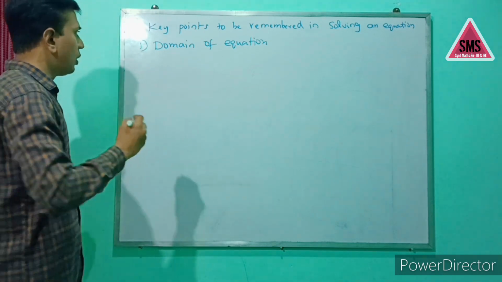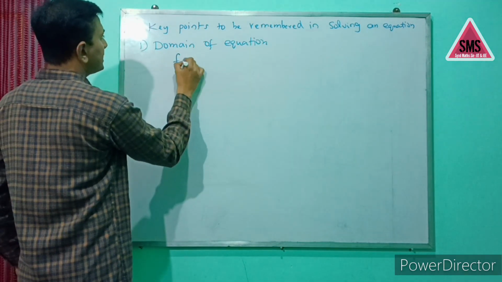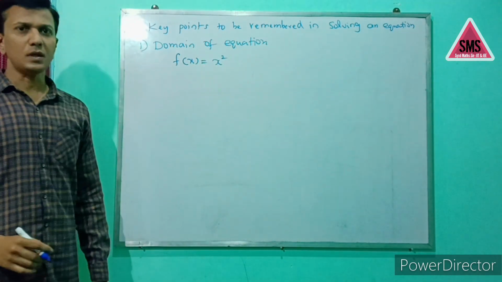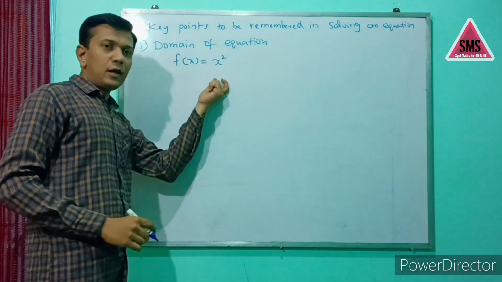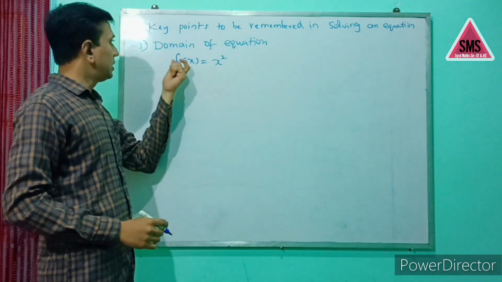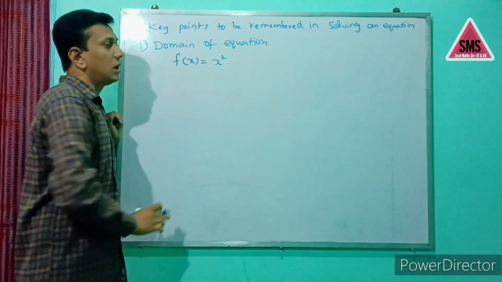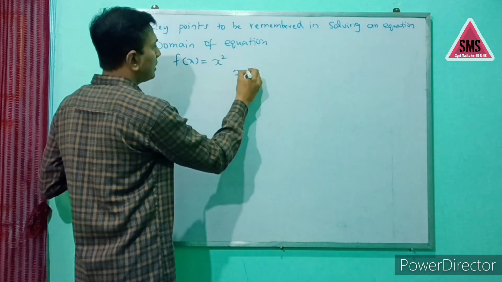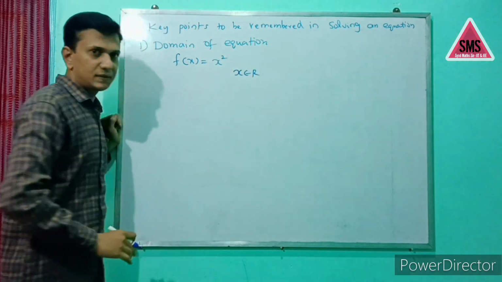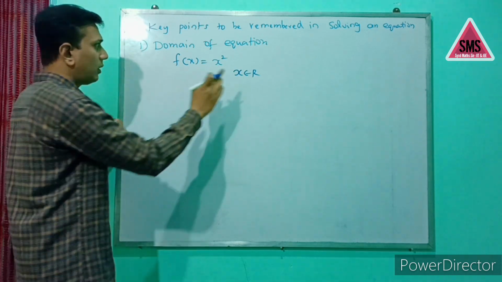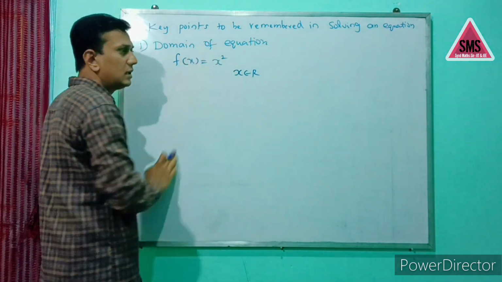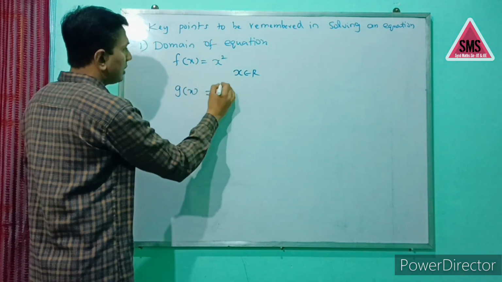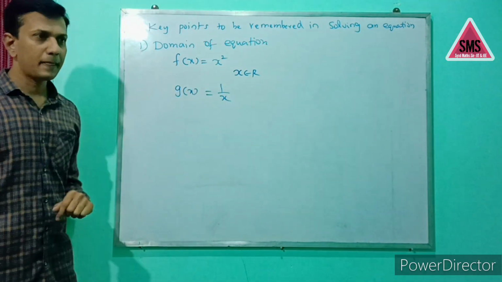Let us discuss with a small example. f(x) is a function where f(x) equals x squared. Now, for what values of x are we going to get the values of this function? We are going to get the domain as all the real numbers. Similarly, let us take one more example, g(x) equals 1 by x.